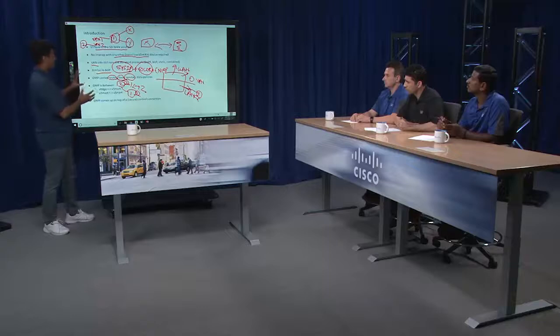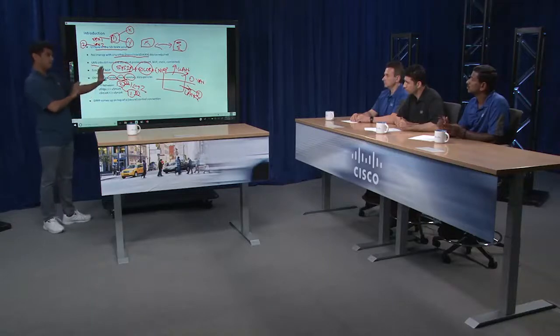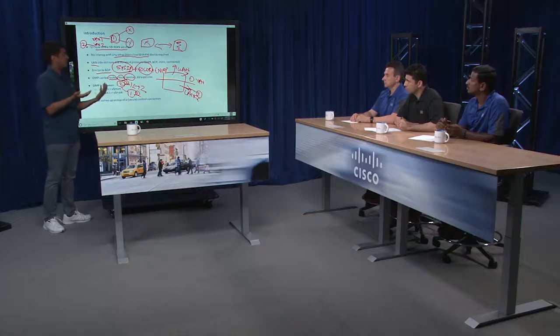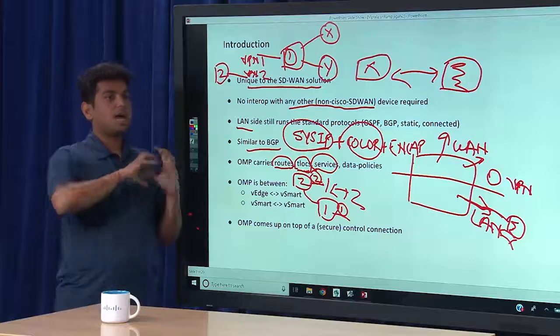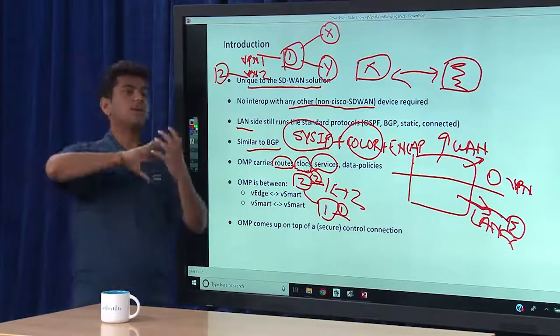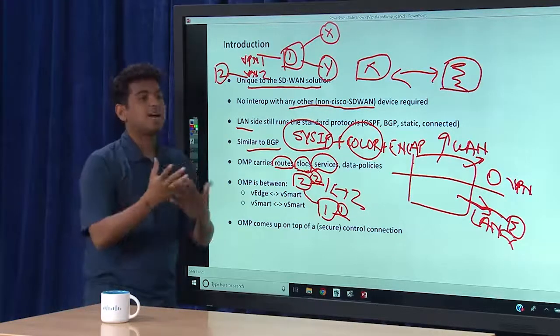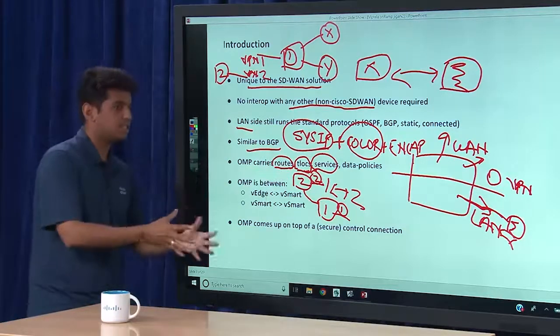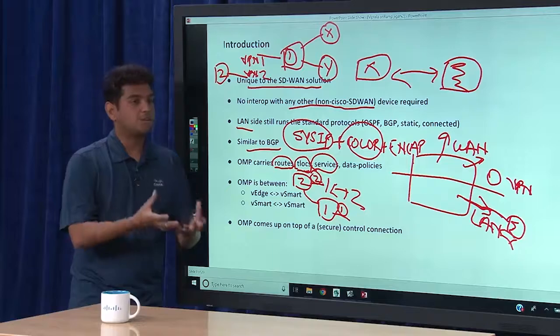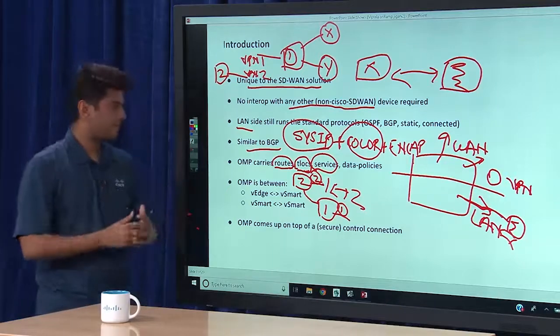So OMP knows that my vEdge1 has VPN1, my vEdge2 has VPN2, so I should not exchange routes between these entities. I should make sure VPN1's routes are advertised only to the edges which have VPN1 defined themselves. This is one example of services. There are many other services that we carry, like a firewall as a service and stuff like that.